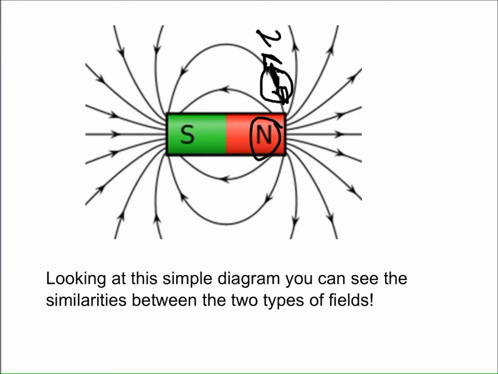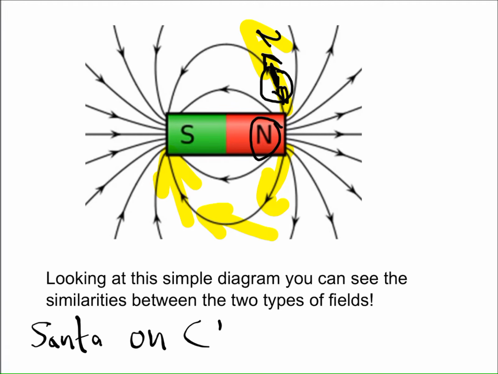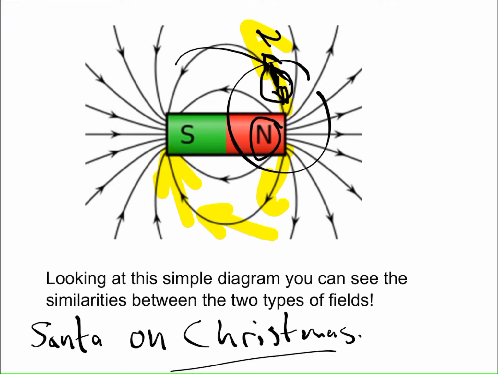So we're always going in the direction that the north needle is pointing. So at all points, it would be pointing away from the north and towards the south. So if you want a fun little mnemonic device for this one, well, magnetic field lines are Santa on Christmas. They're always leaving the north and going south.